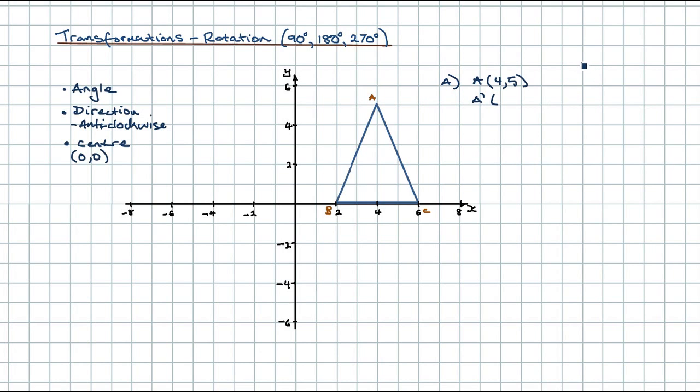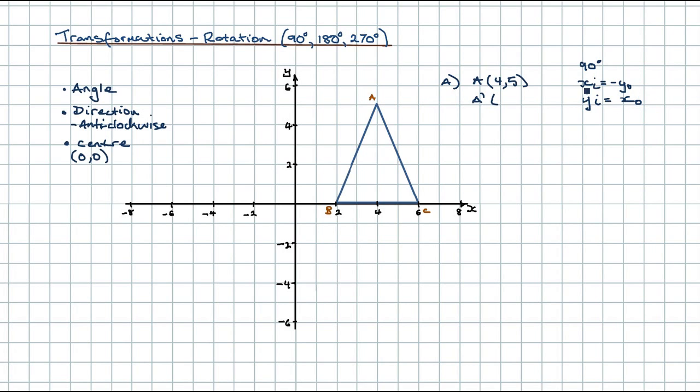For a 90-degree rotation, if you examine this carefully, what you should find is that the x component of the image becomes not the y component, but the negative of the y component. So it becomes minus y of the object. The y component of the image is simply the x component of the object.